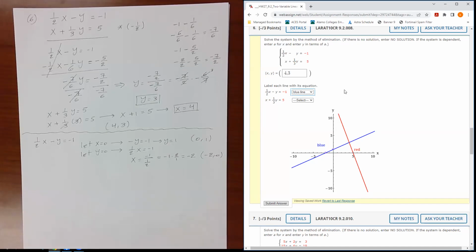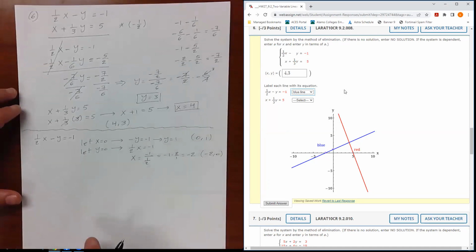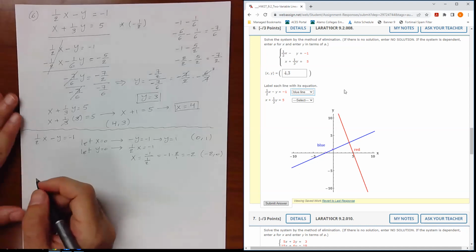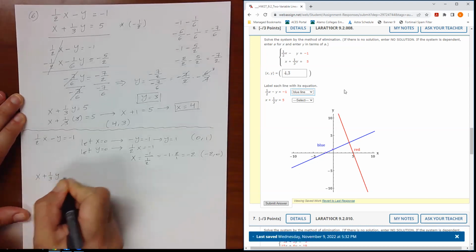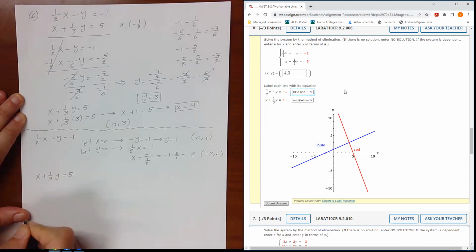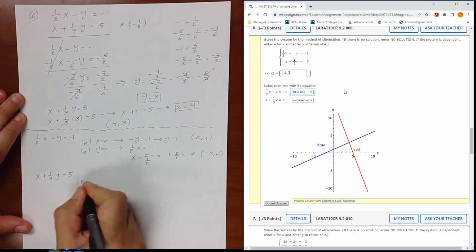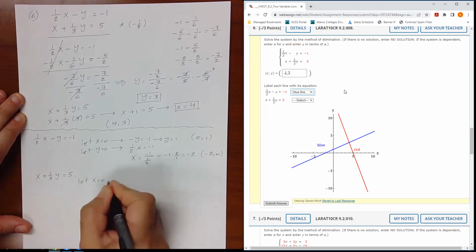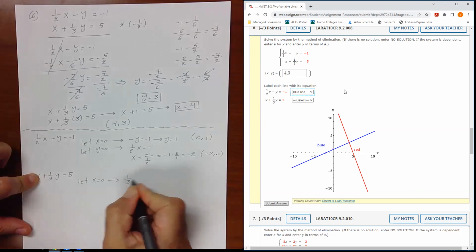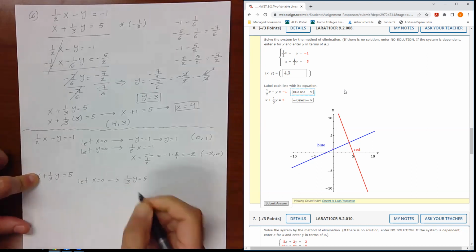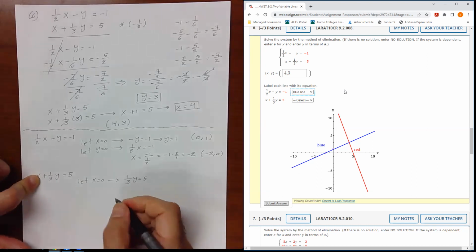Let's check the second one. We have x plus 1/3 y equal 5. Then I'm going to let x equal 0. So x equals 0, that means 1/3 y equal 5. Divide both sides by 1/3.